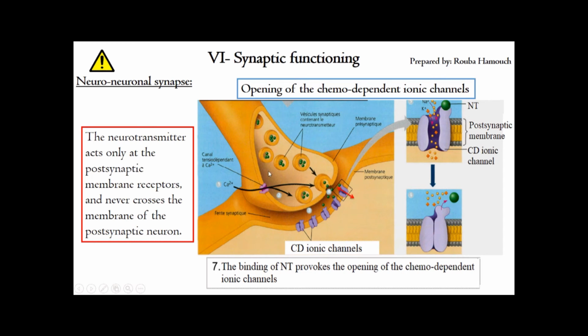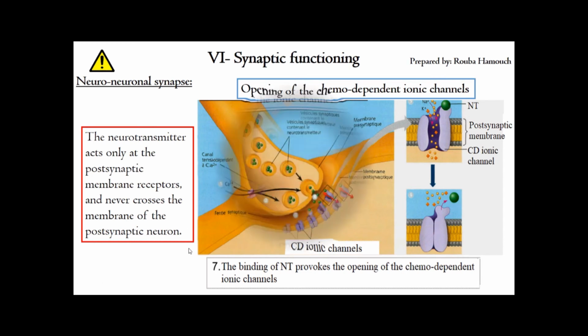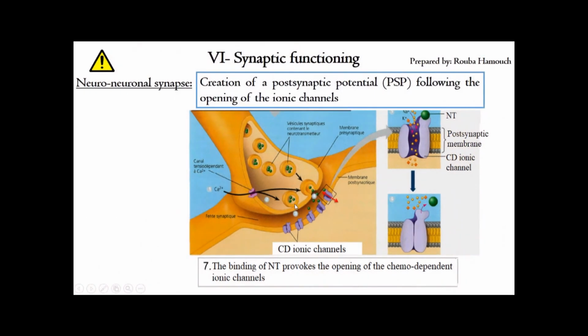Now, following the opening of the chemodependent ionic channels, we have perturbation in the membrane potential of the postsynaptic cell, and we have generation of a postsynaptic potential following the entry or the exit of ions through these channels.